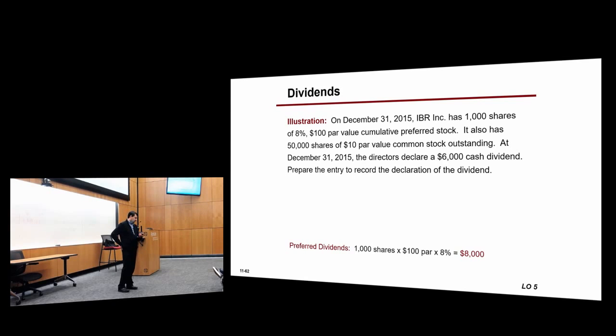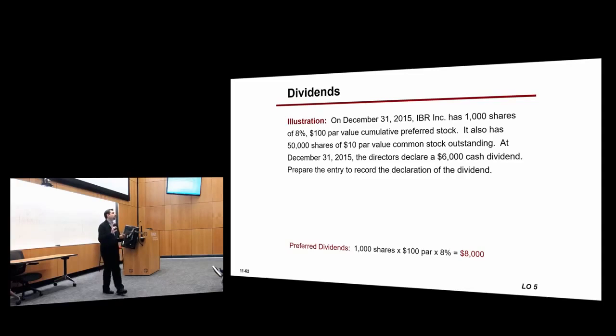It also has 50,000 shares of $10 par value common stock outstanding. As you can see, the value of common stock is different from that of preferred stock. At December 31st, the board of directors declared a $6,000 cash dividend.